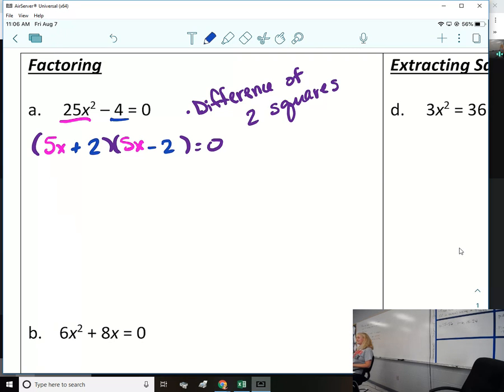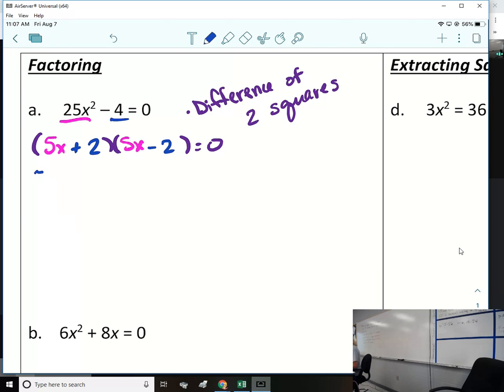That takes care of the factoring part, but we still need to figure out what value for x we can put in, square it, multiply it by 25, subtract 4 from it, and get 0. So what do we do with those 2 factors to figure out what x equals?